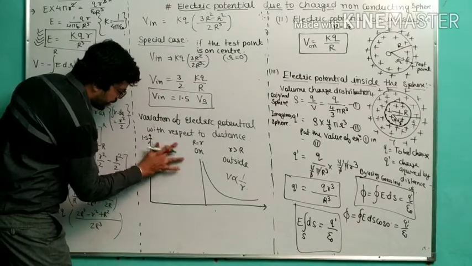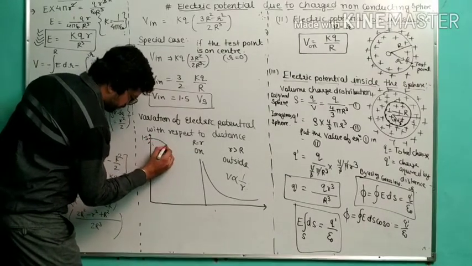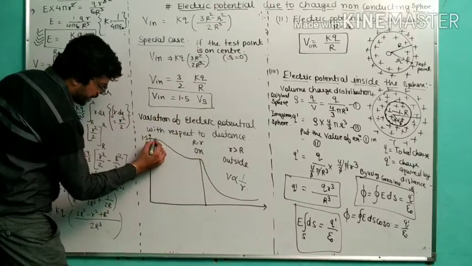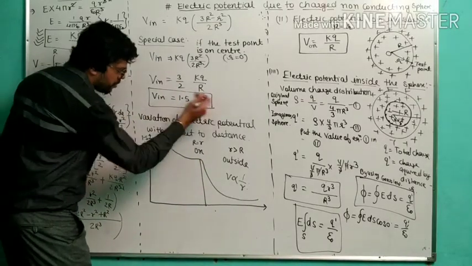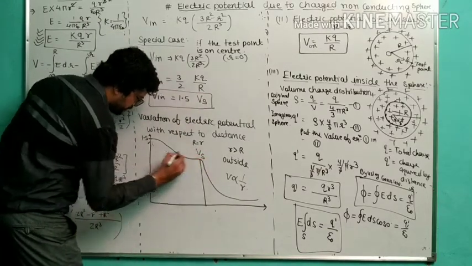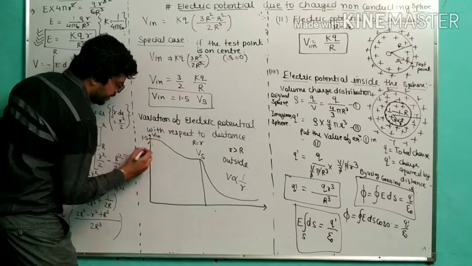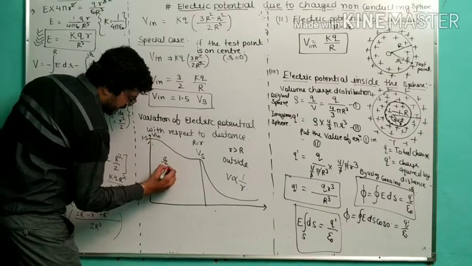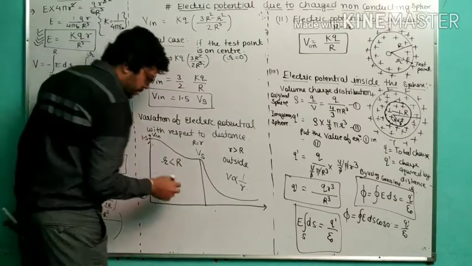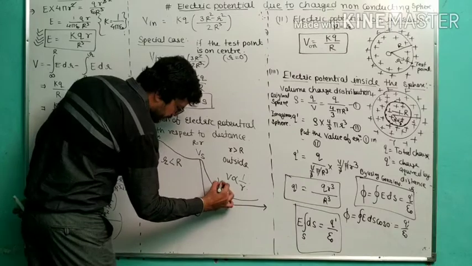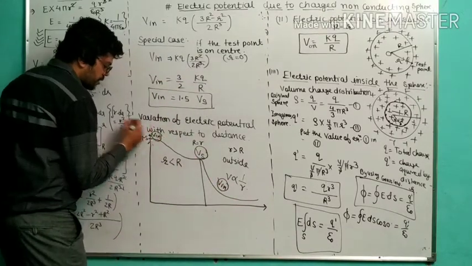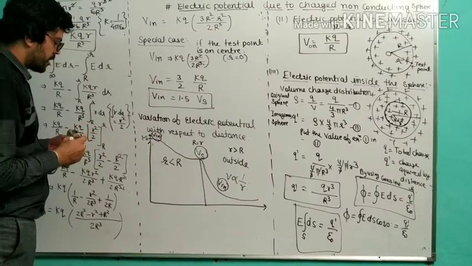So the line will be going like this and this. It is slightly maximum because it is 1.5 times the electric potential at the surface. We can say that this is Vs, this is V in, for r less than capital R. So these are the conditions, and this is the potential on the surface, and this is the inside. So this is the graph.